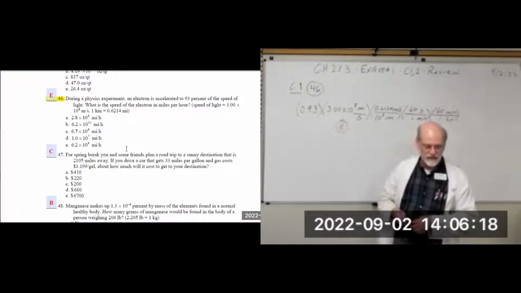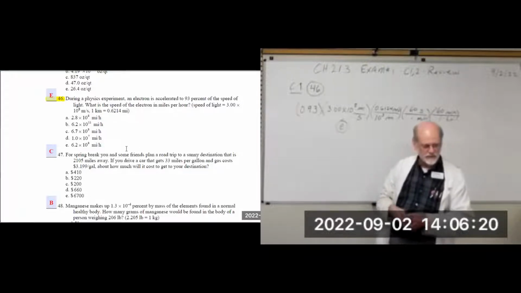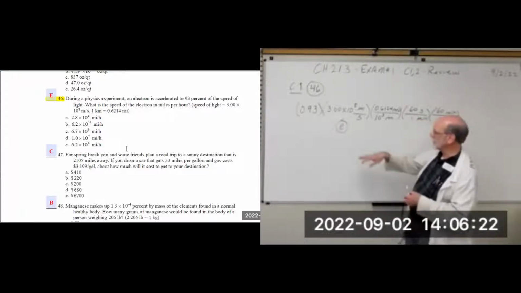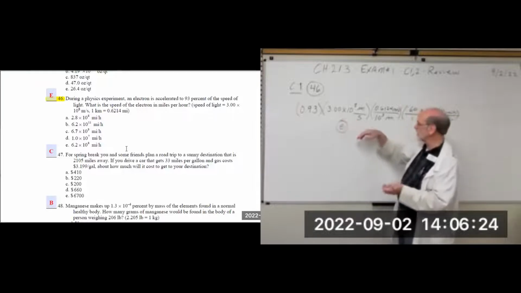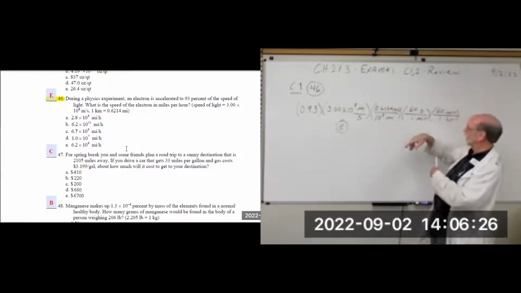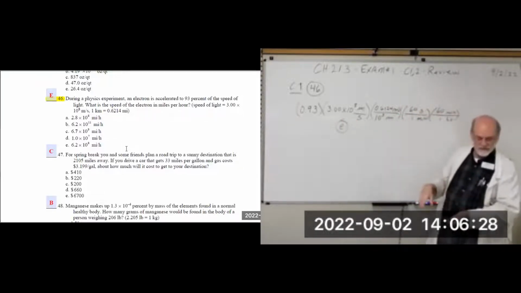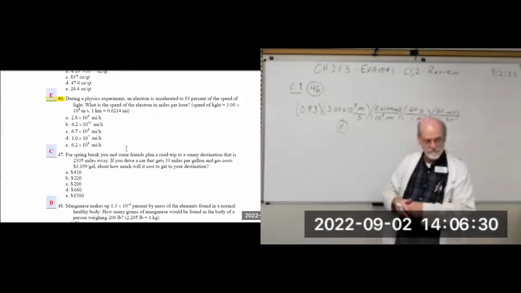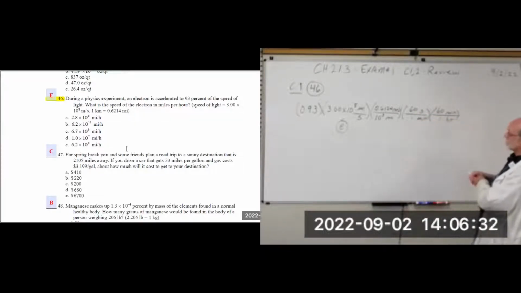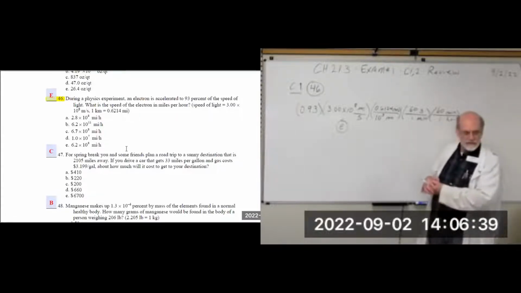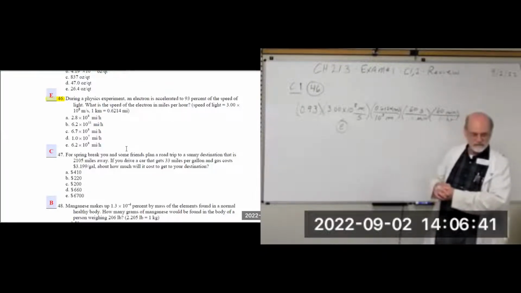I think algebraic calculators, it probably does intermediate calculations for you. You say this times that, it spits out a number, and then you have to say times that, it spits out a number, so forth and so on. So do you like add like all the bottom together and then divide it, or do you just say like divide by 1,000, divide by 1, divide by? Yeah. There's no addition in here. It's all multiply, divide.